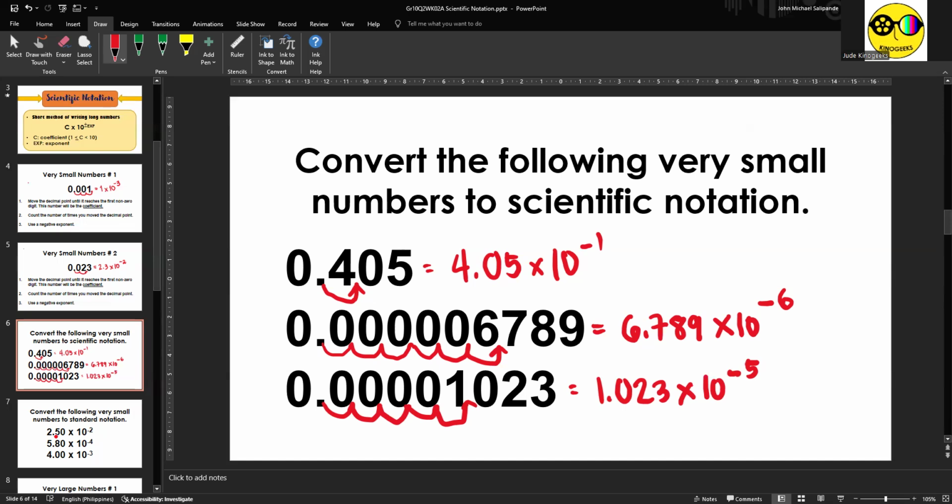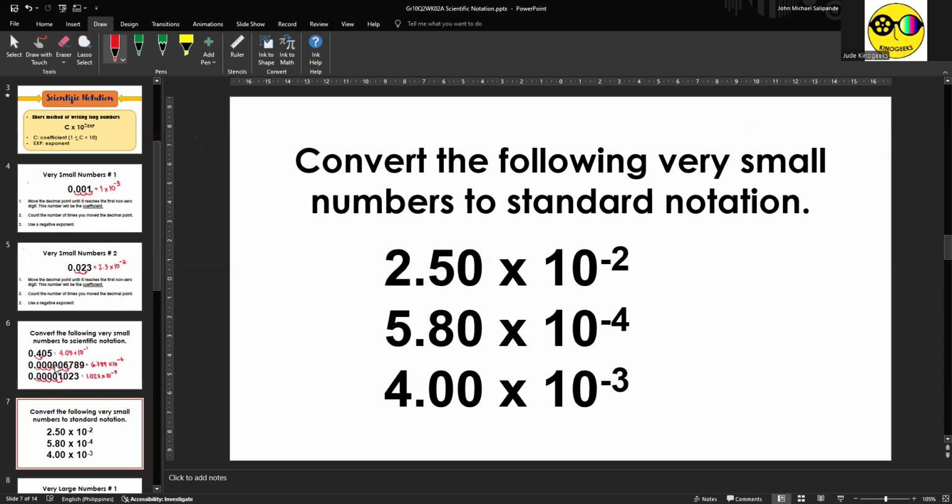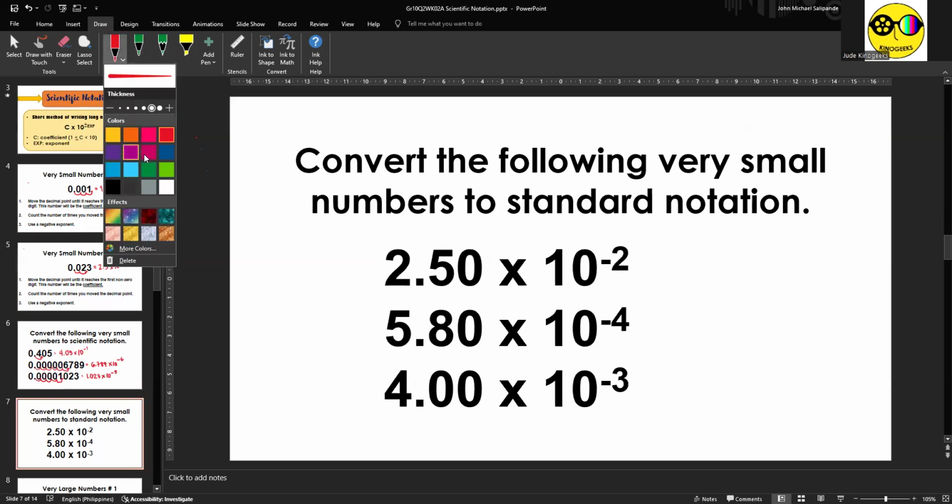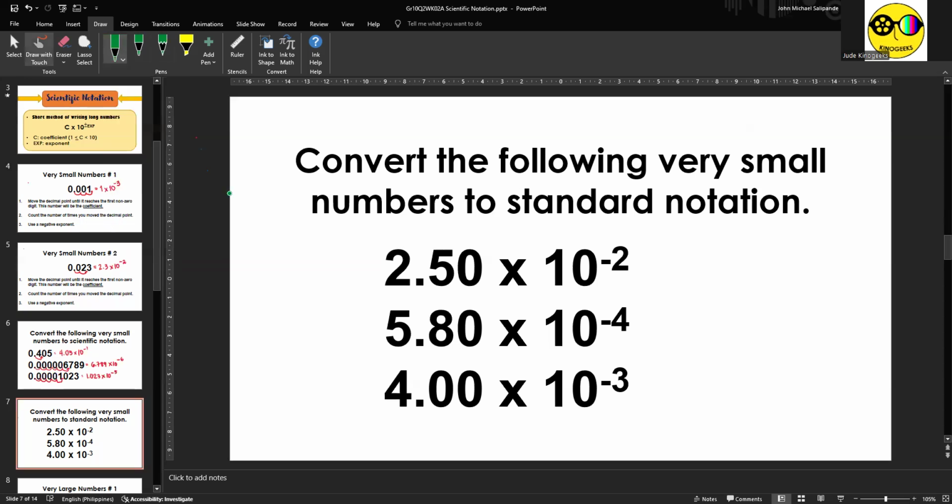Paano naman if I give you the scientific notation and we have to convert them to standard notation? So here are our examples. Okay. Number one is 2.50 times 10 raised to negative 2. If you have a negative exponent, that indicates that we have to move the decimal point twice.